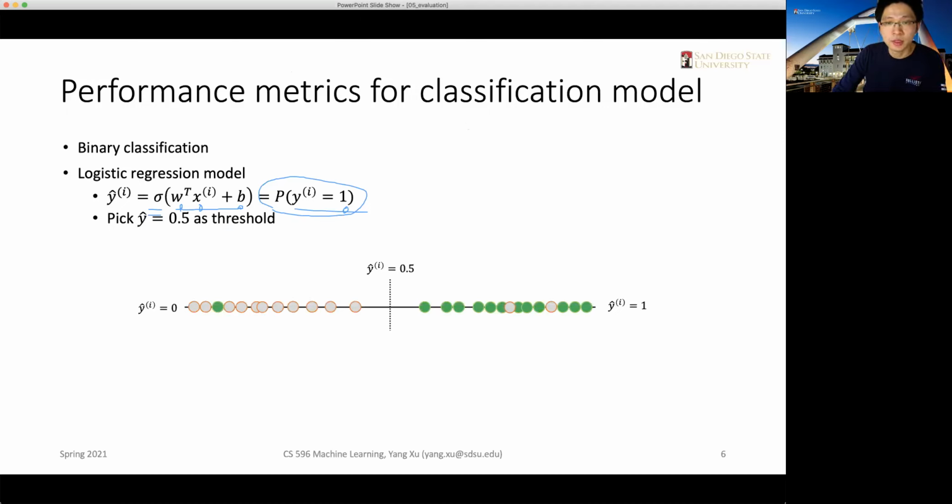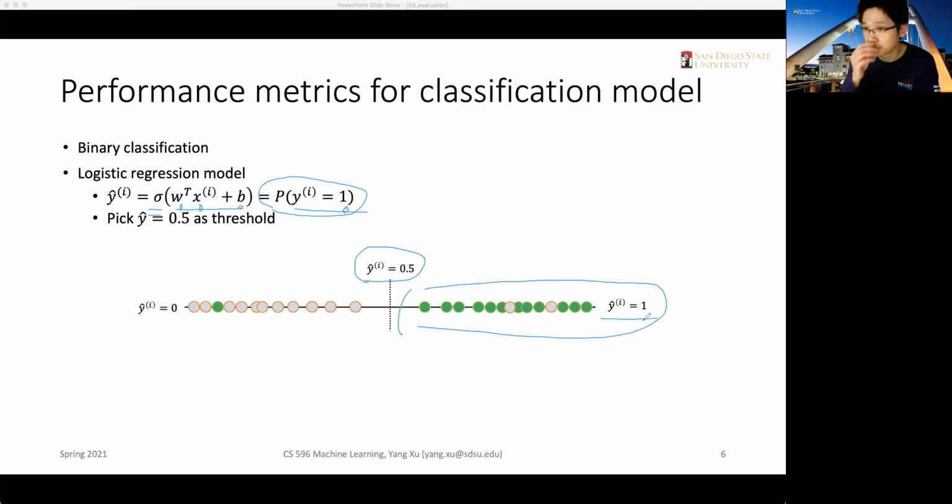So we can visualize the results of the prediction. We place the threshold in the middle here, so y hat equals 0.5. Everything to the right are the data points that are predicted to be y hat equals 1, and every data point on the left is predicted to be 0.